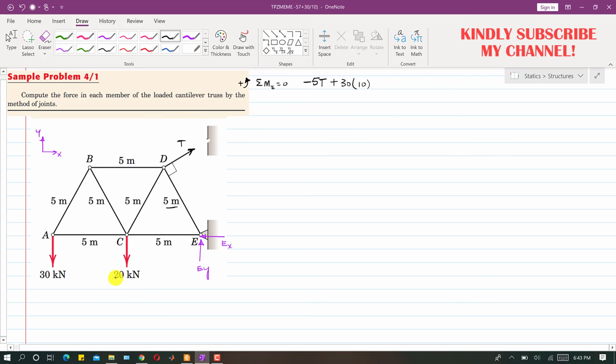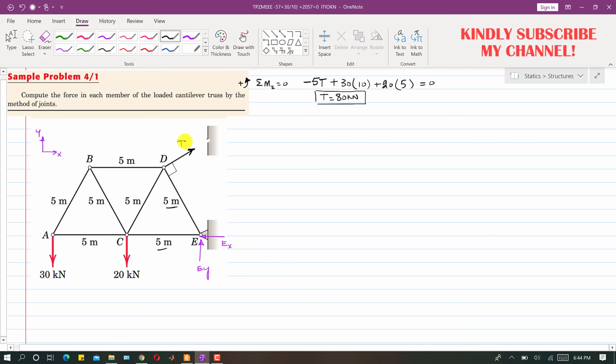Again the 20 kilonewton force is producing counterclockwise moment about point E, so I will write plus 20, and its perpendicular distance from point E is 5 meters, so I multiply with 5. This will be equal to 0. When we solve this equation, T comes out to be 80 kilonewtons.